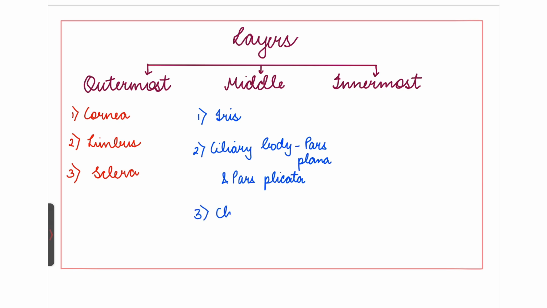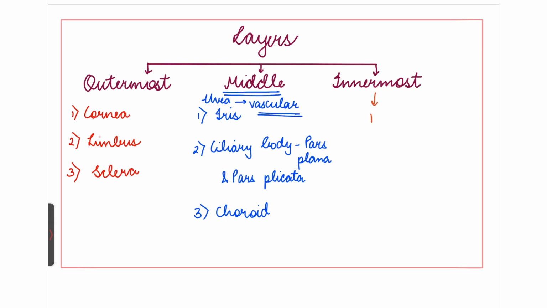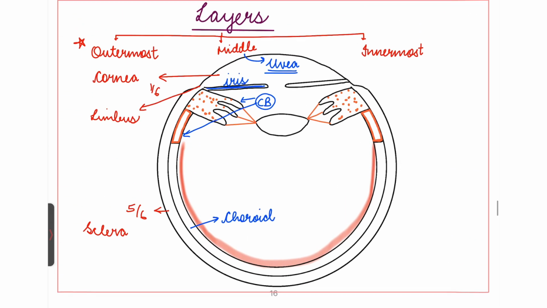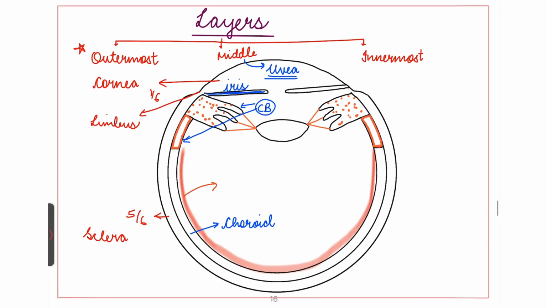And posteriorly the choroid. The middle layer, that is uvea, is a vascular layer. The innermost layer is the retina. This is the retina. Retina is present only posteriorly and it is a neurosensory layer. So these are the three layers of the eyeball.